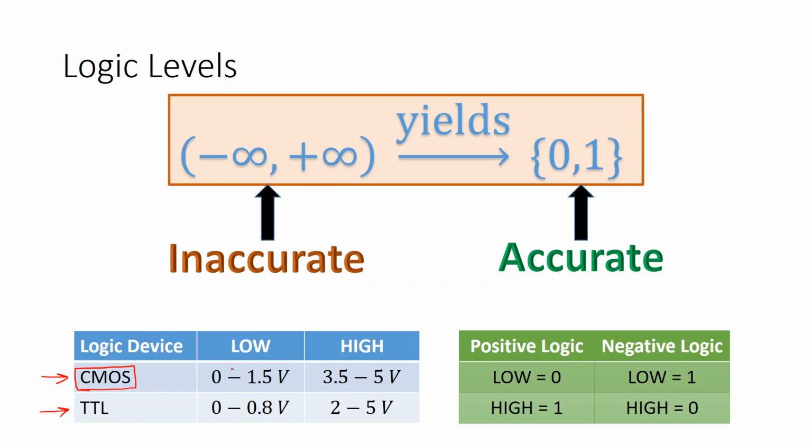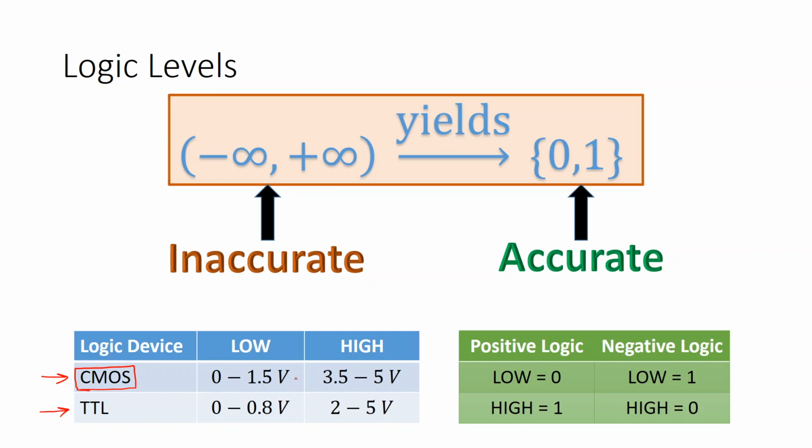In this CMOS, as you see in the table, the range of voltages from 0 to 1.5 is considered low, and the range from 3.5 to 5 is considered high. Why has this range been chosen?